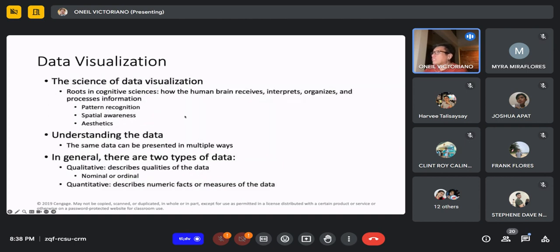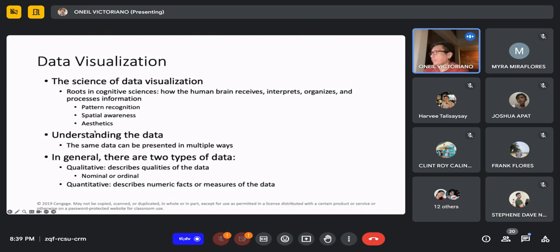So the science for data visualization is doing pattern recognition, spatial awareness, like doing the maps, and aesthetics for creating good visuals: color, size, spacing, color theme, doing good labels.